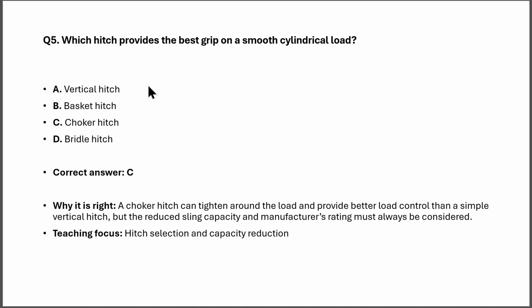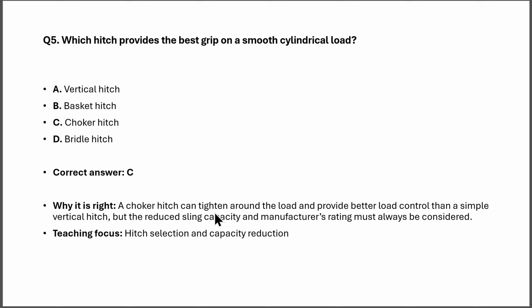Question 5. Which hitch provides the best grip on a smooth cylindrical load? A. Vertical hitch. B. Basket hitch. C. Choke hitch. D. Bridle hitch. Correct answer is C. Why it is right.